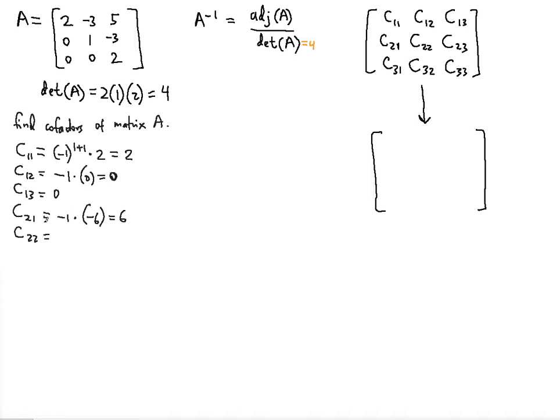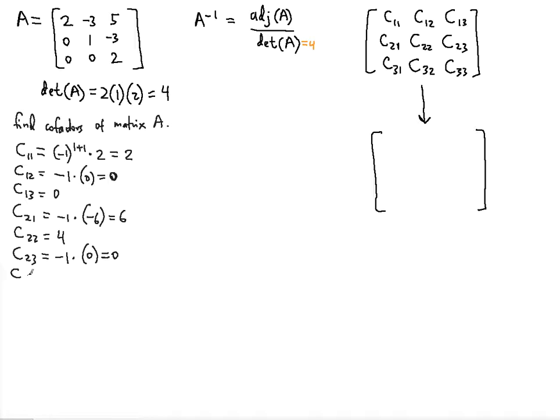C2,2: that's going to be positive, since -1 to the 4th is positive. Row 2, column 2, excluding that, we're dealing with 2, 2, 0, and 5. So that's going to be 4, because the other one's 0. C2,3: row 2, column 3. To the 5th power, -1 is negative. Excluding this and that, these are all 0 multiplying, so it's just 0.